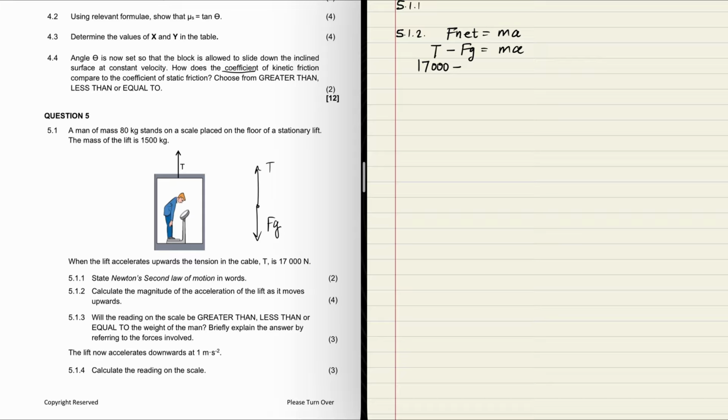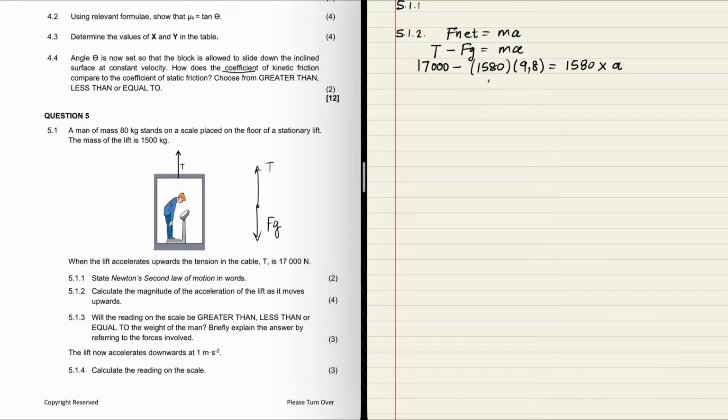So the tension is given as 17,000 minus Fg, which is mass times gravity. So the mass of the lift is 1,500, and there's a man inside with a mass of 80 kilograms. So that's 1,580 multiplied by acceleration due to gravity, which is 9,8, and that's equal to the mass of the lift, 1,580, multiplied by the acceleration of the lift.